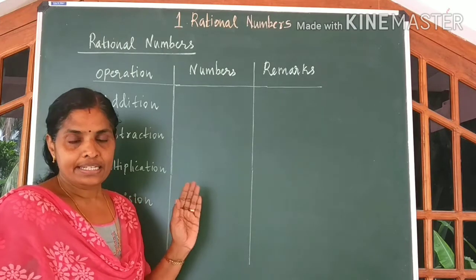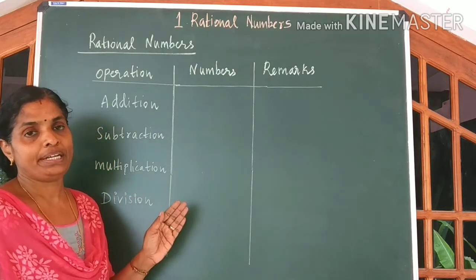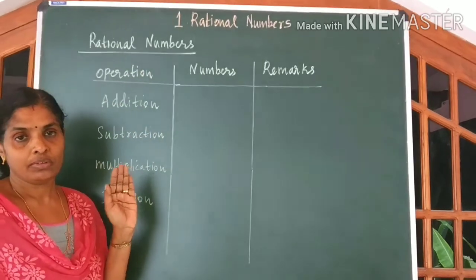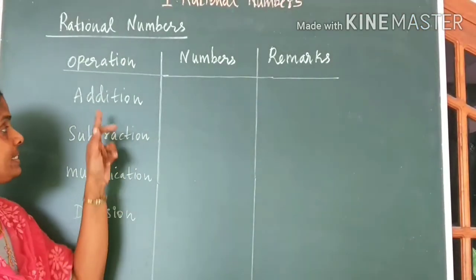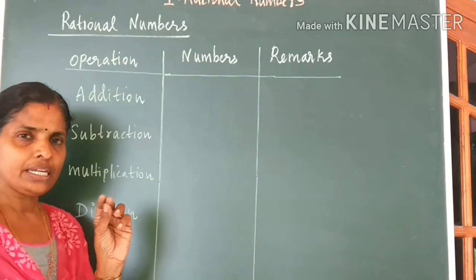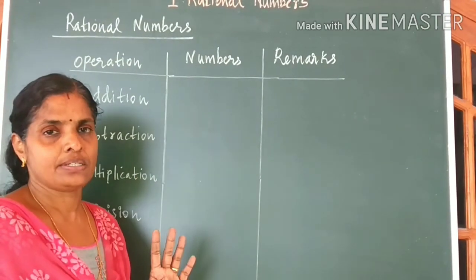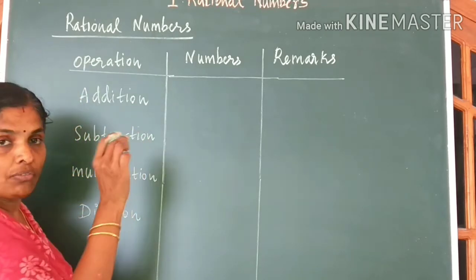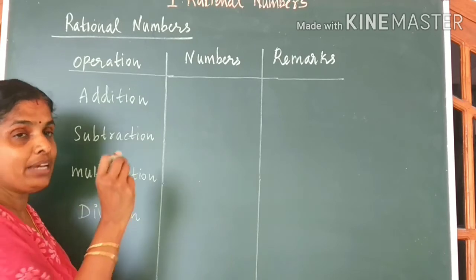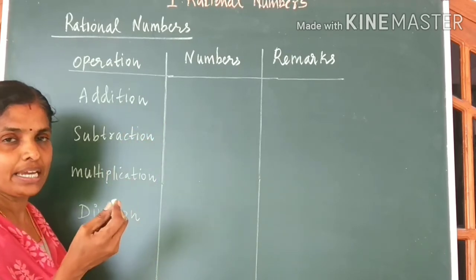Children, let us see the closure property in the case of rational numbers also. Again, let us discuss addition, subtraction, multiplication and division. Let us take two like fractions. Okay, so addition of two rational numbers. I am going to take like fractions so that you will understand very easily.